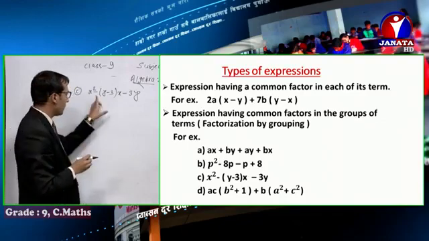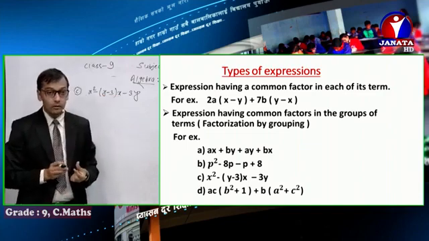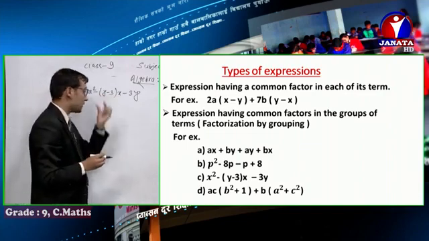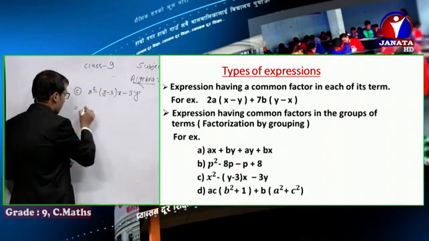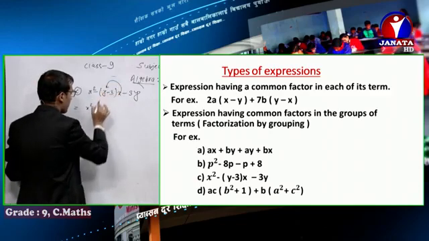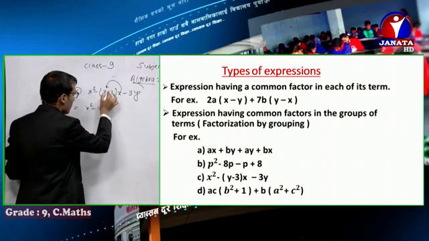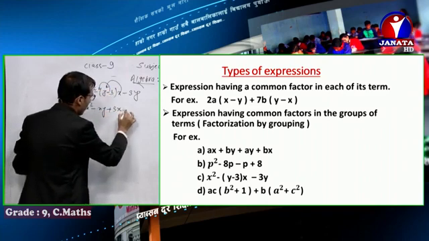Here is the first term, this is the second term, third term, but we need to open the bracket in the second term. Let's start: x square minus, let's open the bracket, x times y is xy, so minus minus becomes plus, 3 times x, 3x minus 3y.